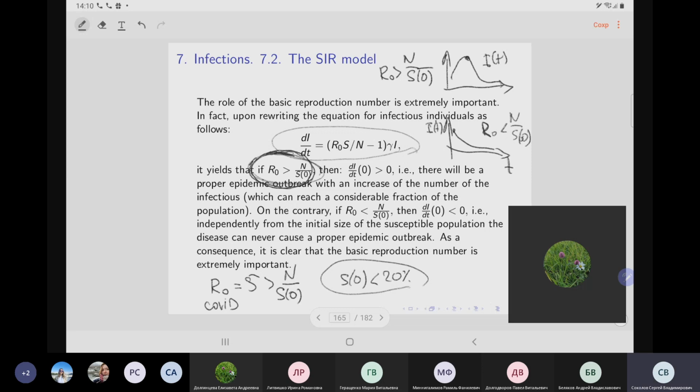They stopped anything that needs a lot of people at one place at the same moment, and so on. But we see that for COVID, if R0 is 5, it's really very hard to decrease S0 below 20%.